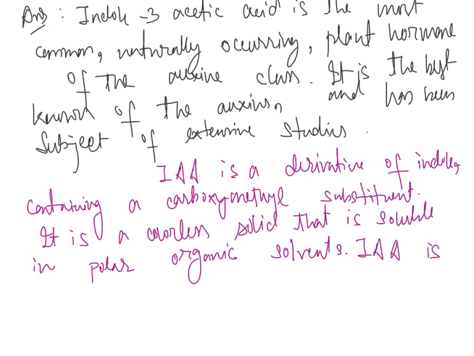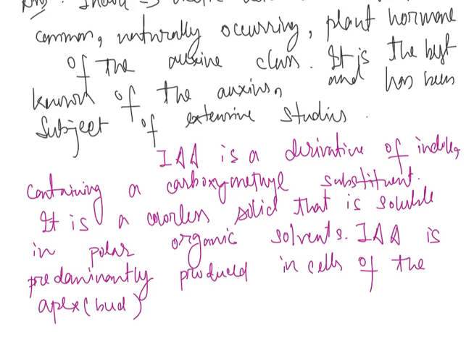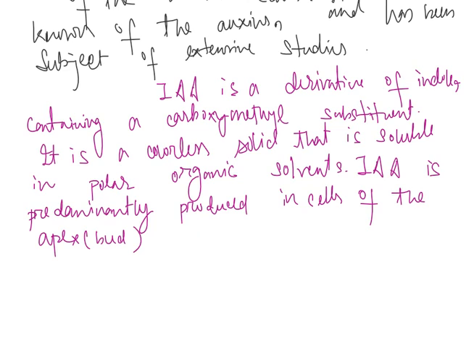IAA is predominantly produced in cells of the apex or bud, whatever you say, and very young leaves of a plant.